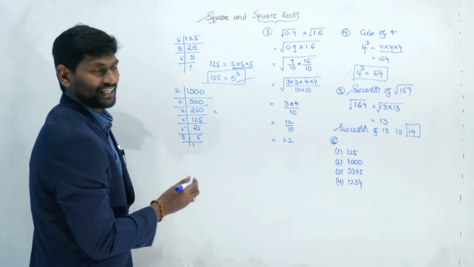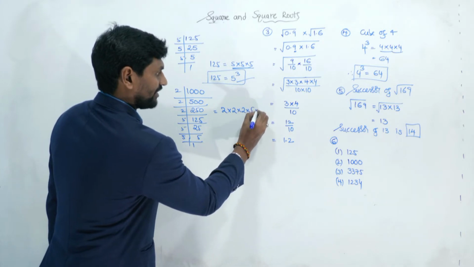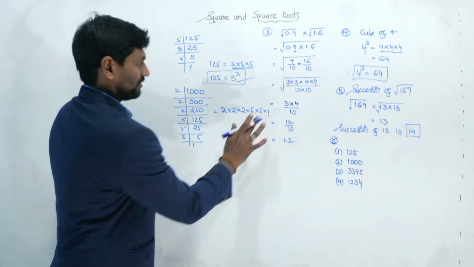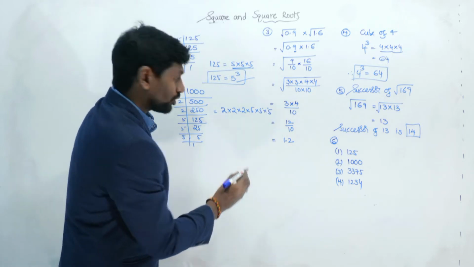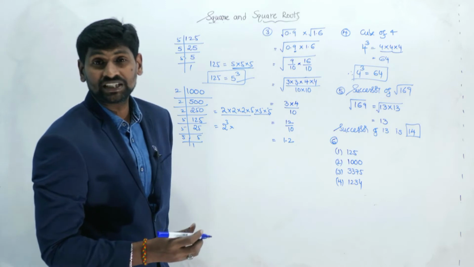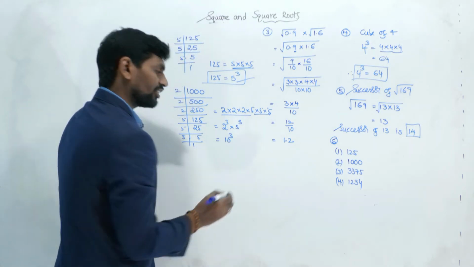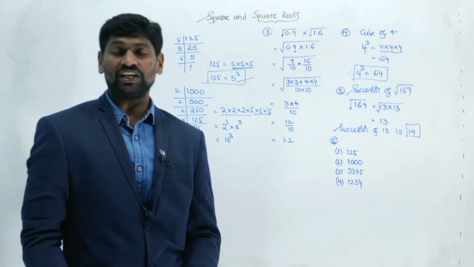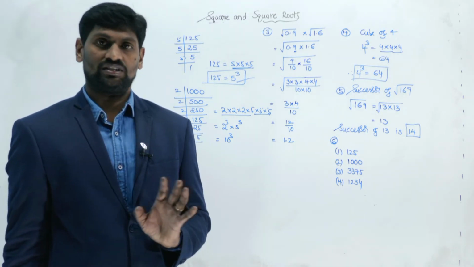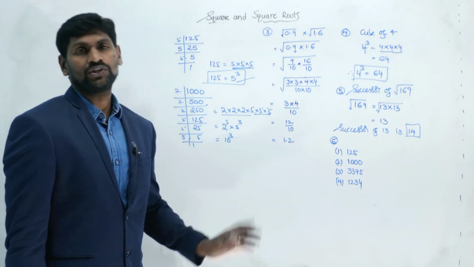So 1000 is 2 into 2 into 2 into 5 into 5 into 5. 2 is present 3 times, so 2 cube. 5 is present 3 times, so 5 cube. 2 cube into 5 cube is 10 cube. That means 10 into 10 into 10: 10 tens are 100, 100 tens are 1000. So 1000 is the cube of 10, and it is also a cube number.